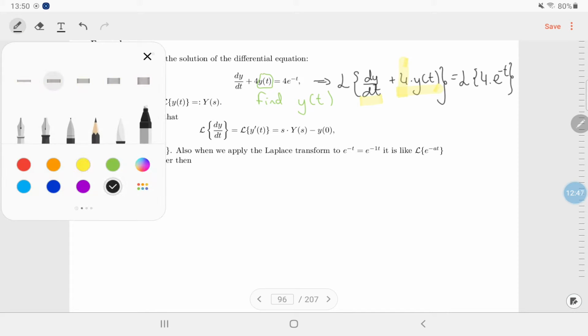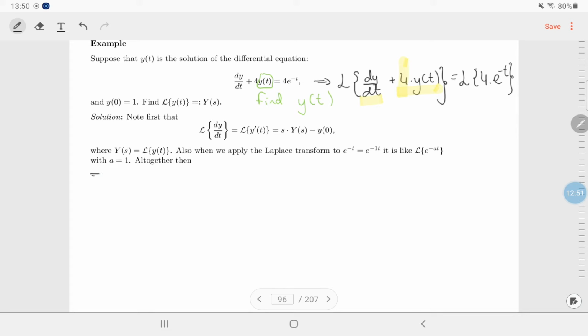So the next line is the Laplace transform of dy dt plus, taking out the 4, 4 times the Laplace transform of y of t, is equal to, taking out the other 4, 4 times the Laplace transform of e to the minus t.